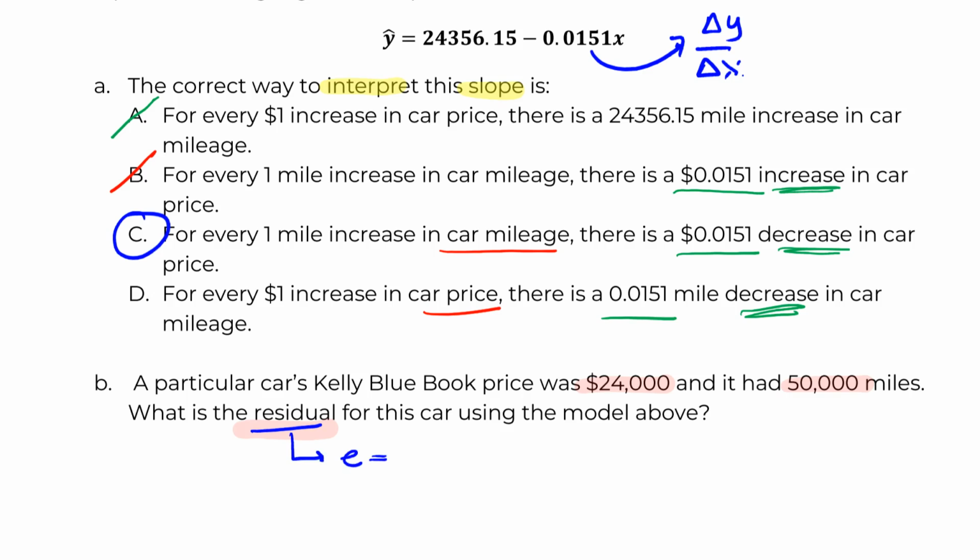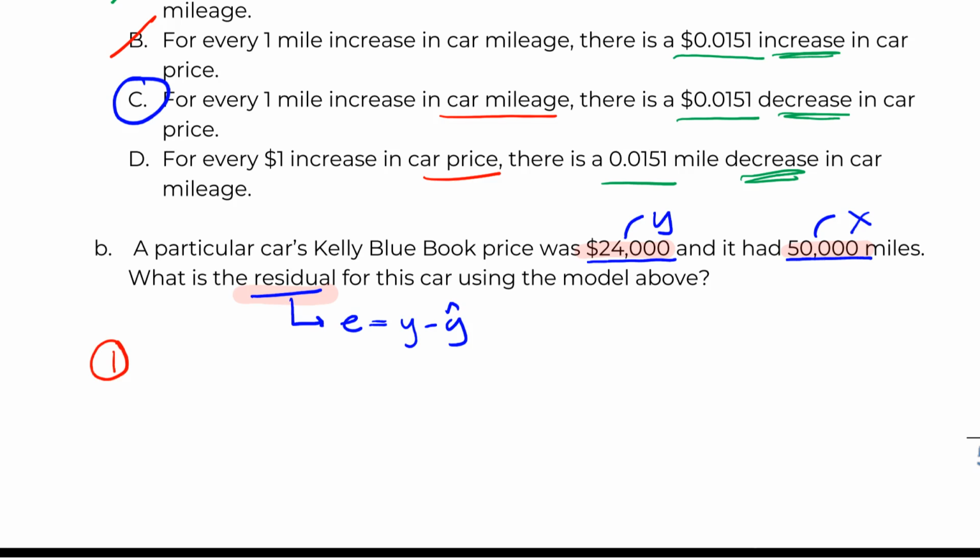It's our actual minus our predicted. We were told that the particular car costs this much, which we know is the price, and that it had a certain number of miles, which is our X variable. So we've been given an X and Y pair for this particular car, and we've been asked to find its residual.